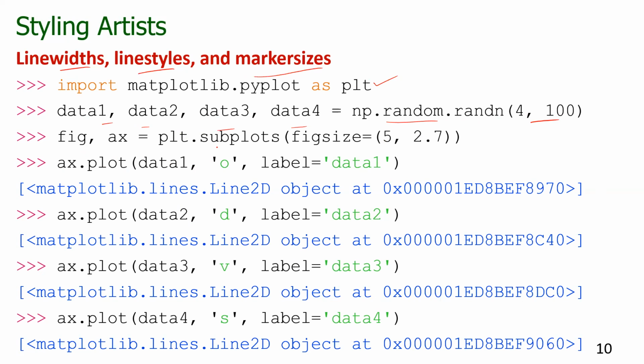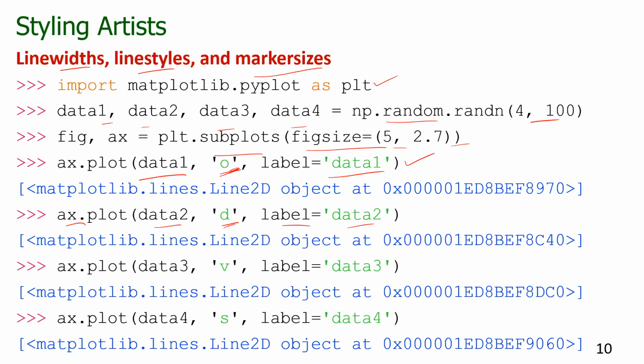Then defining the plot size, figure comma ax equal to plot.subplots, figsize equal to 5, 2.7. The first plot: ax.plot of data 1 with type O, label equal to data 1. Then a second plot: ax.plot of data 2, type D, label equal to data 2.